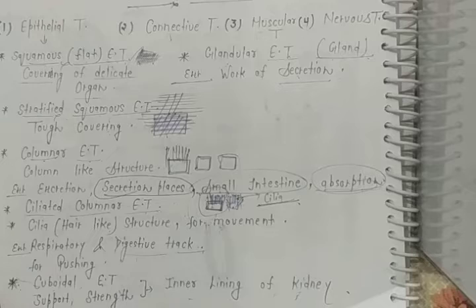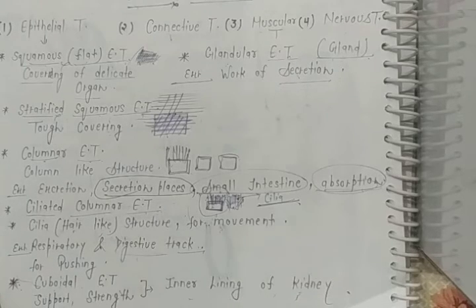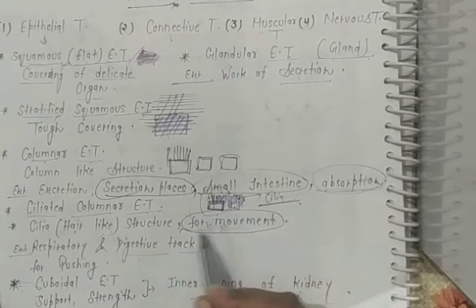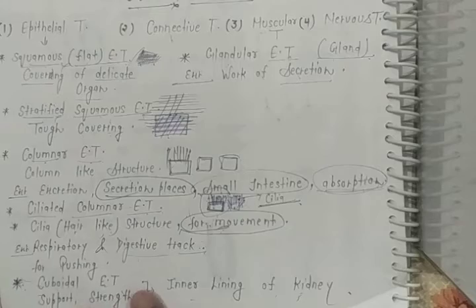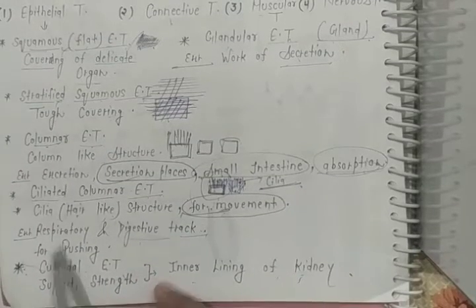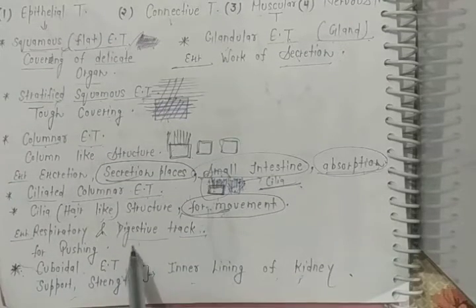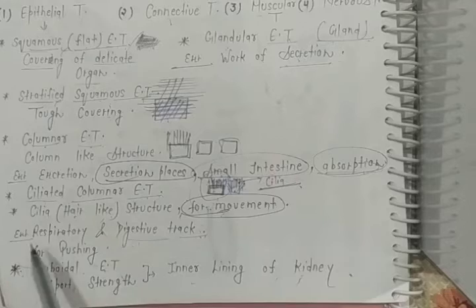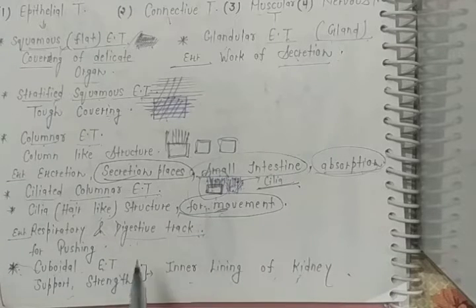Cilia means hair-like structures, and these cilia are very important for movement in the animal body. Movement means movement in the respiratory tract and in the digestive tract, because in both tracts pushing is very important.